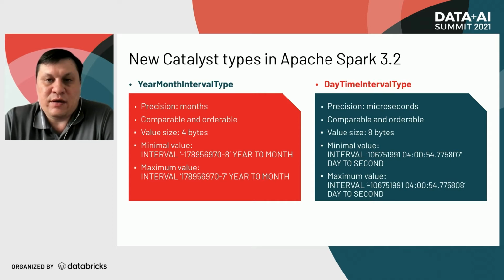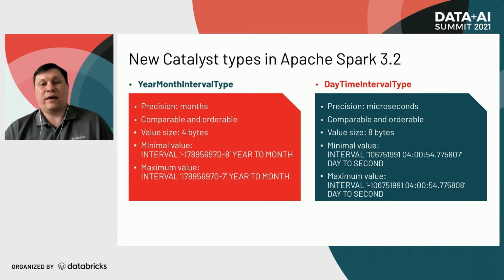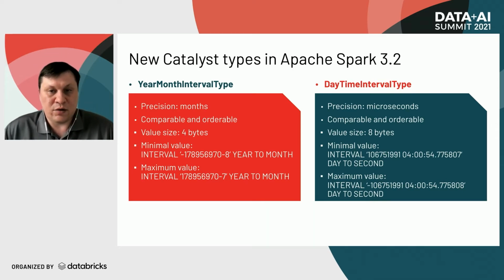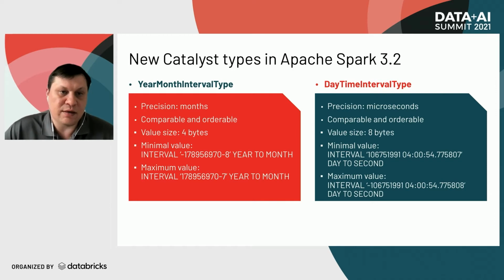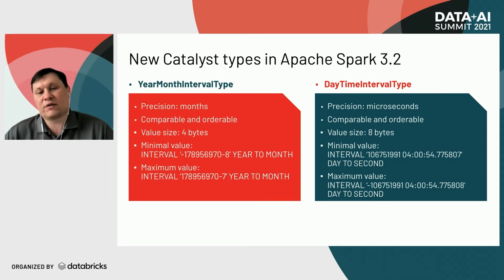The daytime interval type stores as a long, and one value has a size of 8 bytes. On the slides, you can see minimal and maximum values. This is some kind of consequence of our decision where and how to store intervals.